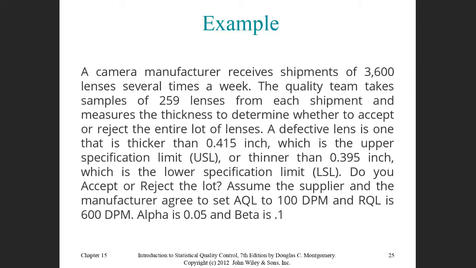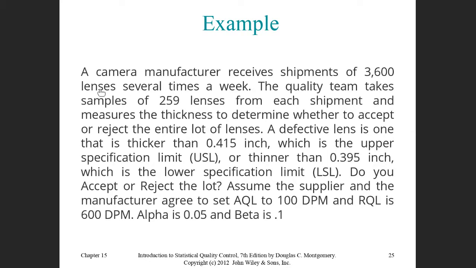Today we have this example about camera manufacturing. They receive a shipment of 3,600 lenses. You can compare it to your smartphones. Smartphones usually do not have all their parts built in one factory or by the same company.